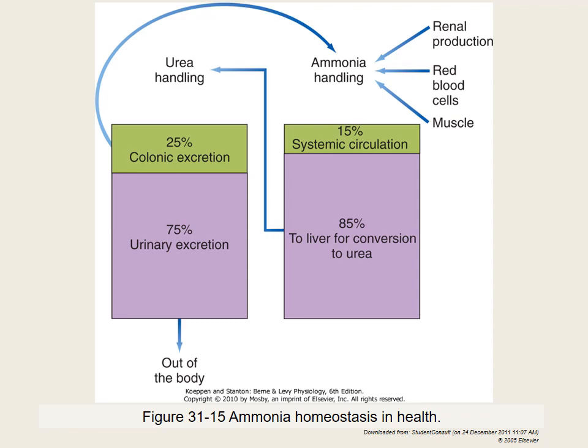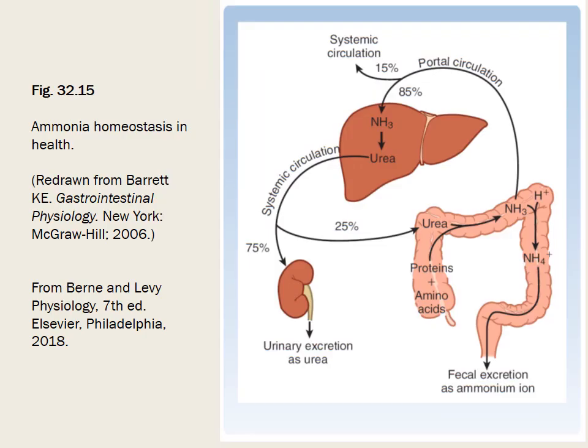By the way, here is ammonia homeostasis in health, you can see ammonia formation, and then it is excreted as urea, 27.5%. Ammonia is converted to urea, and then urea is excreted via urine.